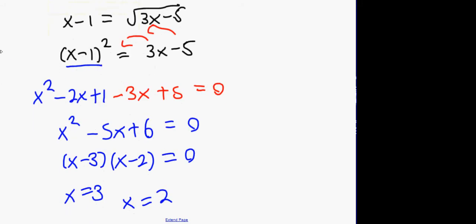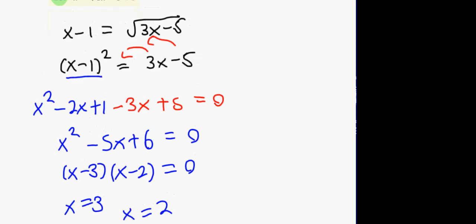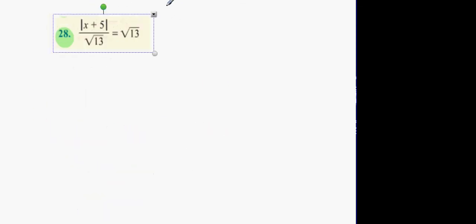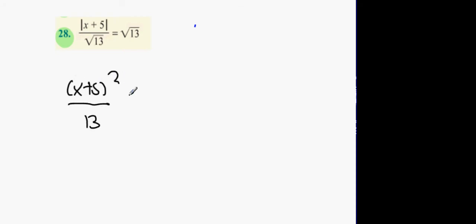Okay guys, next one we're gonna do is number 28. Quite a difficult one. Once again, square both sides. What happens is x plus 5 squared equals 13 on the bottom and 13 to the right, because when you square that, it's 13.